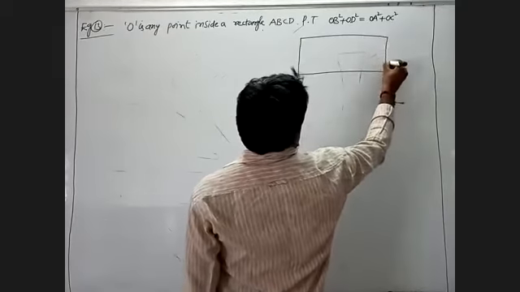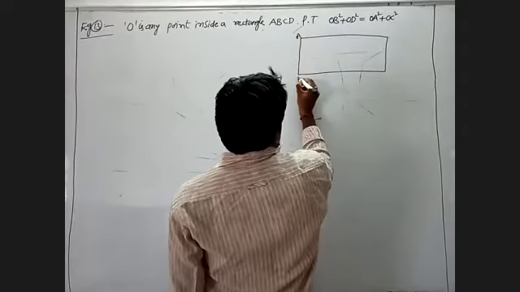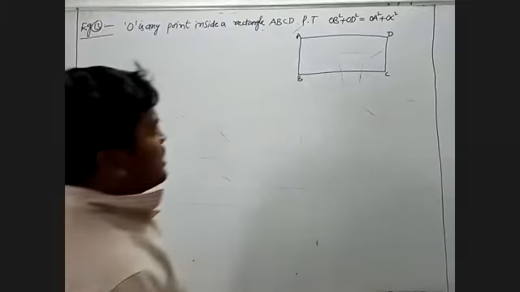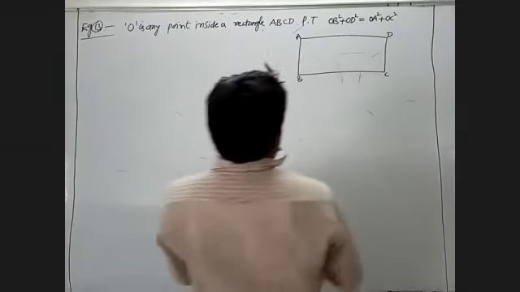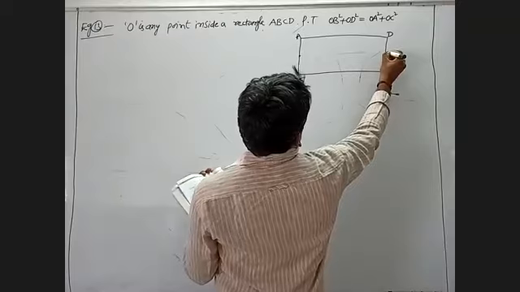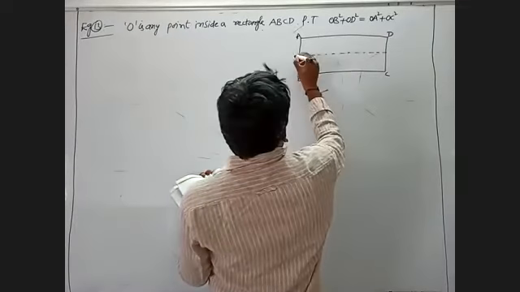This is a given rectangle named as A, B, C, D. I will draw a parallel line. This is the midpoint. This is also a midpoint. This is labeled as PQ.